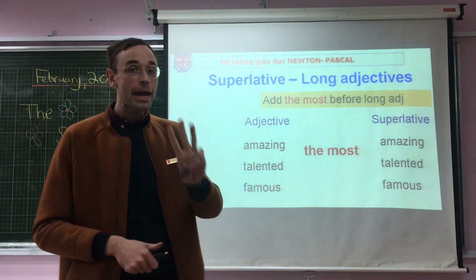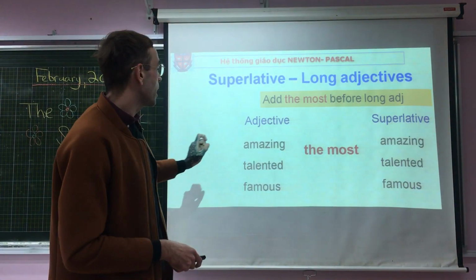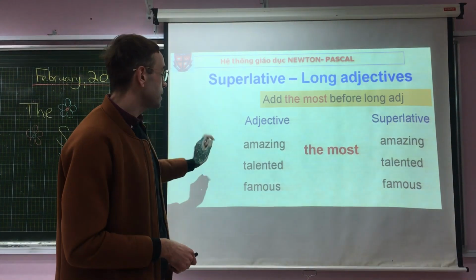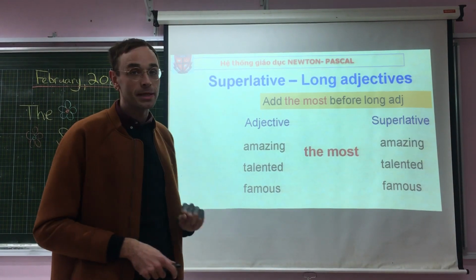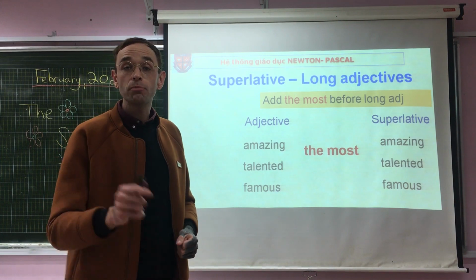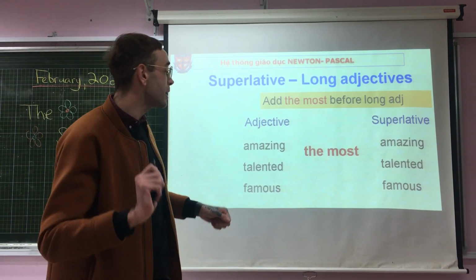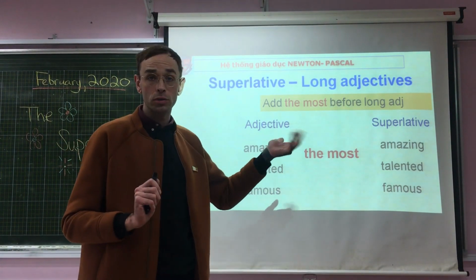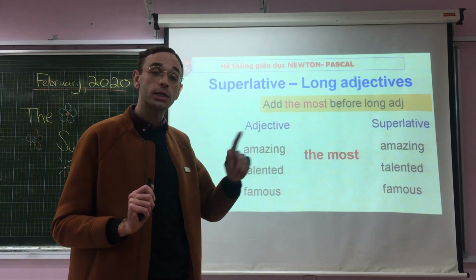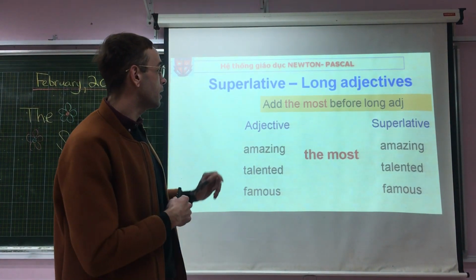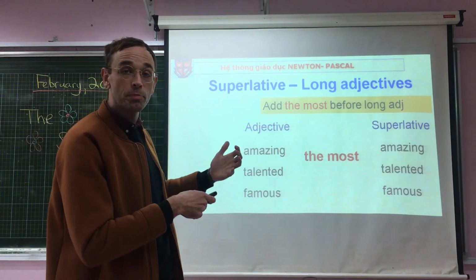So I have 3 adjectives here right now. I have the adjective amazing, talented, and famous. In order to create the superlative, all we need to do is add the words the most before these adjectives, and then it creates the superlative.